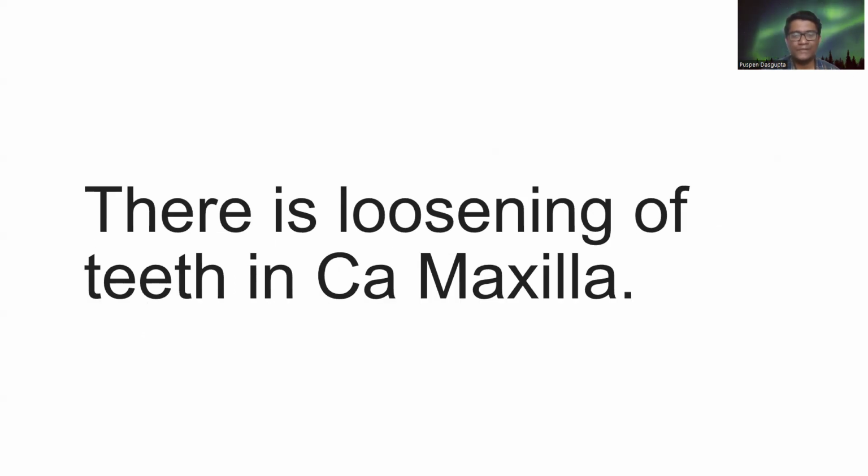Next question that I want to answer today is, explain why there is loosening of teeth in CA maxilla. Again, CA here means carcinoma, not calcium. So why is there loosening of teeth in maxillary carcinoma? This is because local spread of maxillary carcinoma is typically in the following direction. It spreads to the ethmoid, it can spread to the orbit, it can spread anterolaterally to involve the skin.